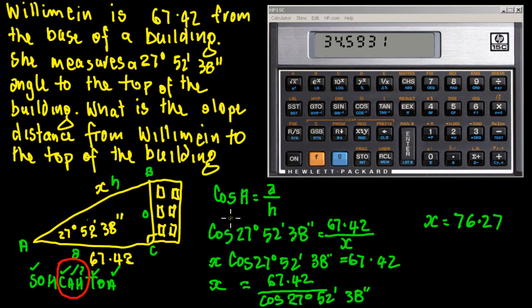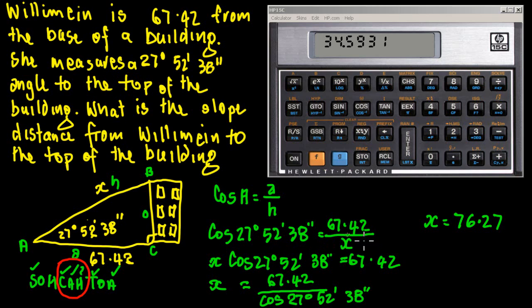So cos of A equals the adjacent over the hypotenuse. So we go cos 27 degrees 52 minutes 38 equals the adjacent 67.42 over x, which is the hypotenuse. Now, it gets a bit tricky here.